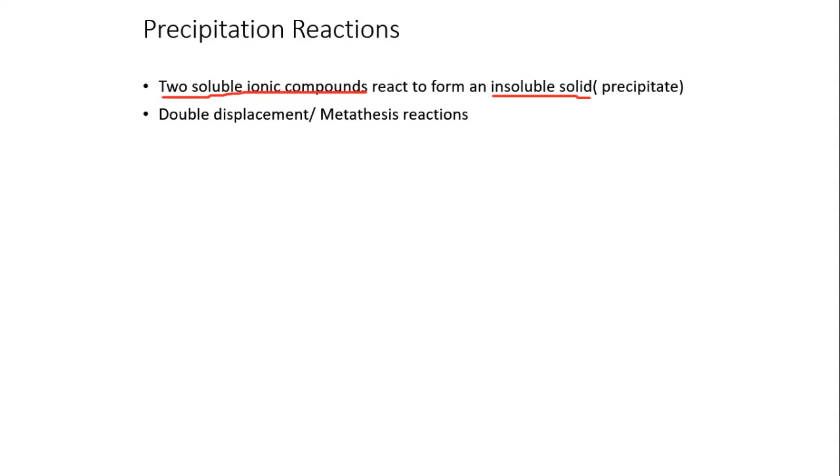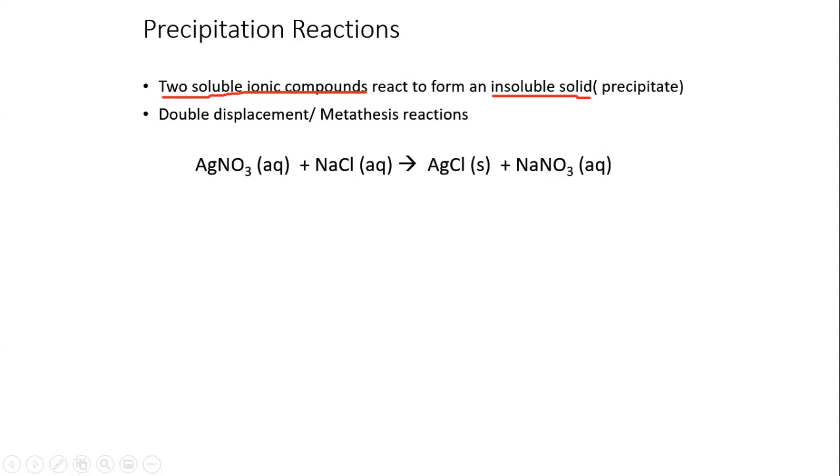And they have to form at least one insoluble precipitate. Again, this is a double displacement or metathesis reaction. So for example, we take silver nitrate, which is a solution, and sodium chloride, which is a solution. We mix these, we get silver chloride, which is our precipitate, and sodium nitrate, which is still in solution.